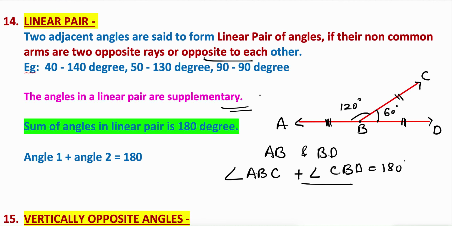That means angle 1 plus angle 2 is equal to 180 degrees. The sum of the angles in a linear pair is always 180 degrees, and they are supplements to each other. So two supplementary angles are always in a linear pair because their non-common arms are opposite to each other.